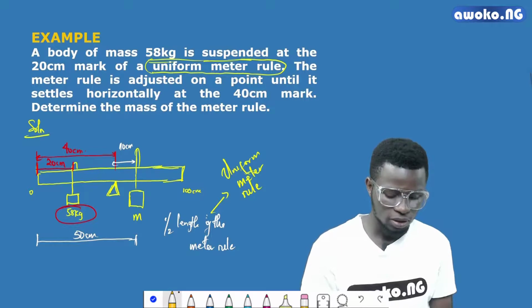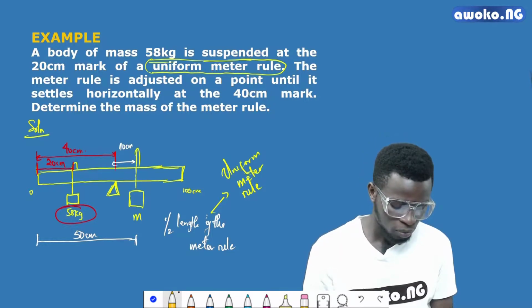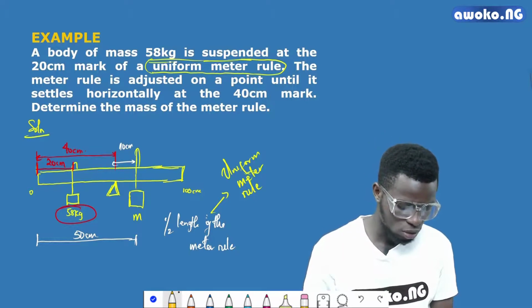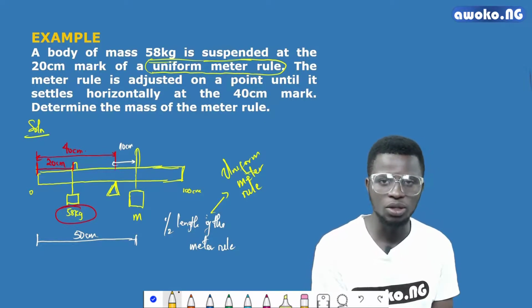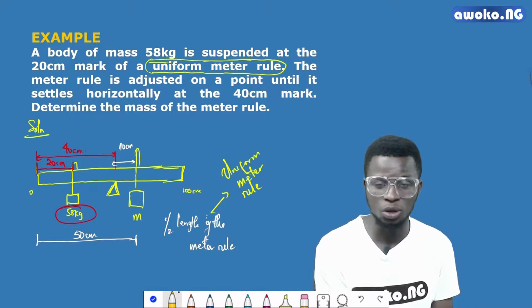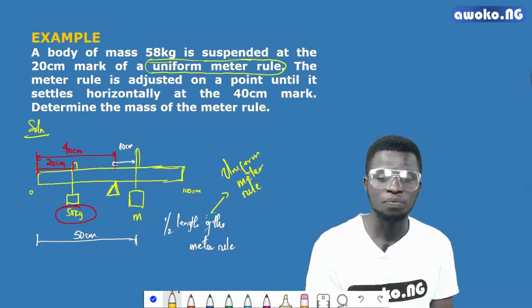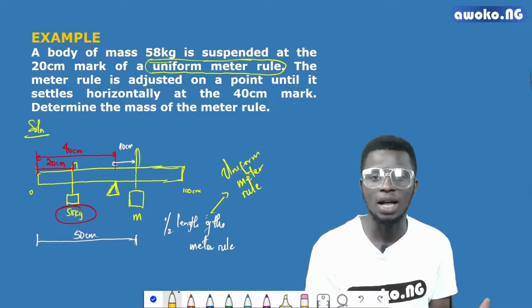Okay, now since this is what we have, we can decide to bring up the relationship. Remember, we said that for the moment of a force, there is a principle that backs it up, and the principle states that the sum of the clockwise moments is equal to the sum of the anti-clockwise moments.